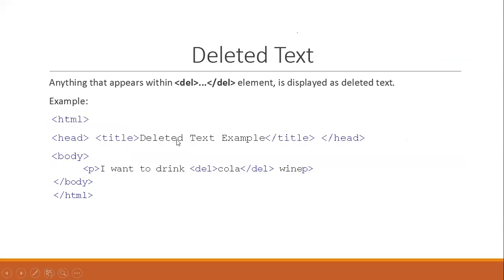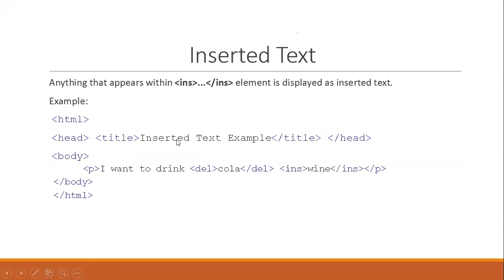Now moving further, there is the insert tag. Anything that we want to appear inserted, we will use the insert tag. What will it do? It will do nothing special, it will just underline the text. It is just a simple text like an underline. We will say ins. We will implement this by using ins.